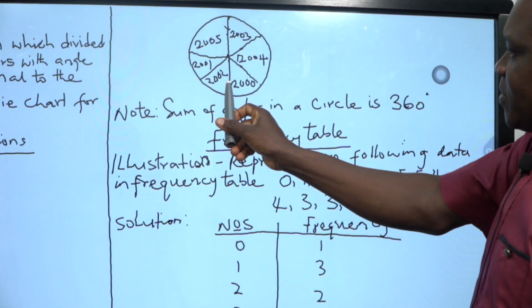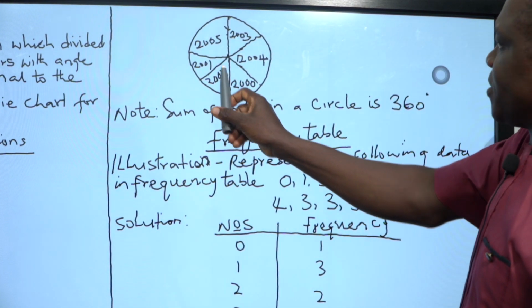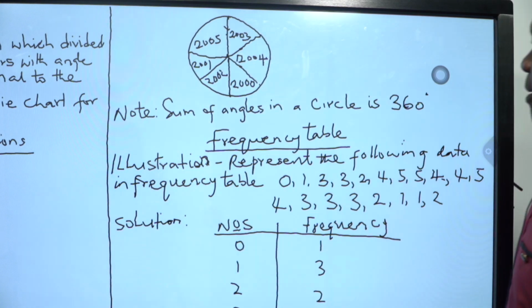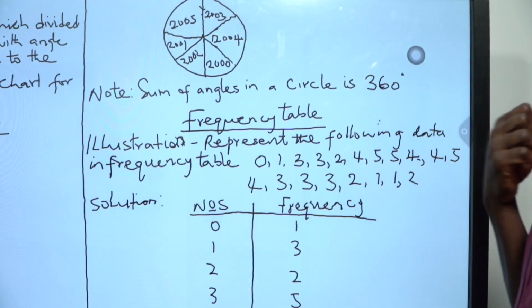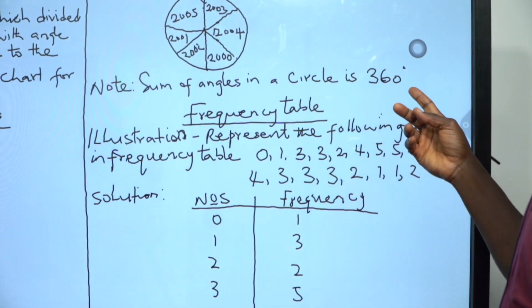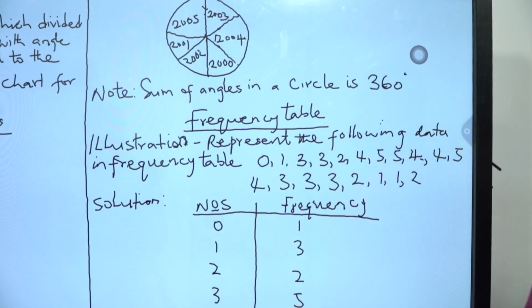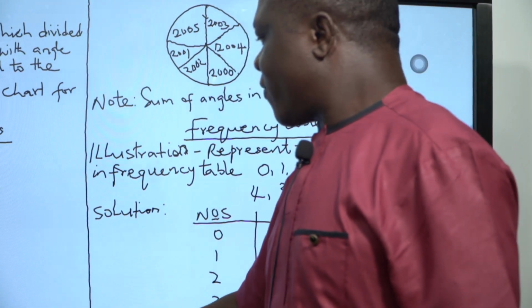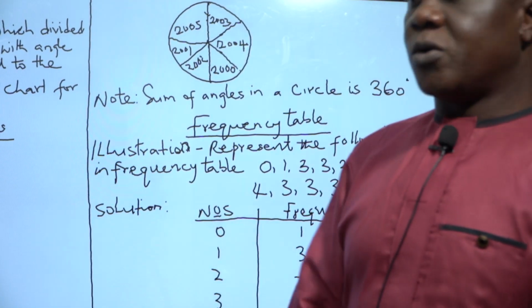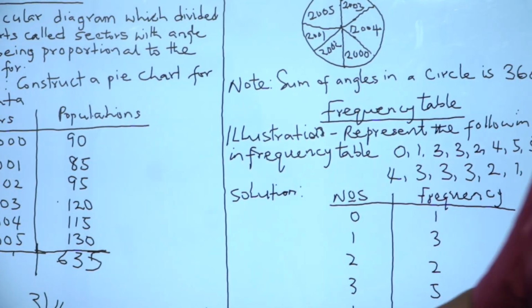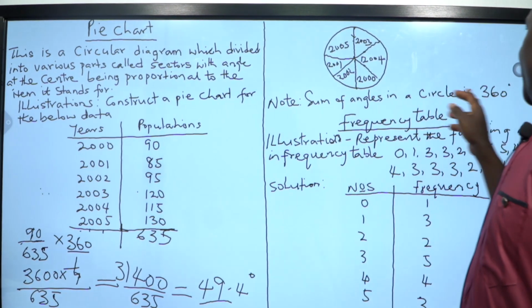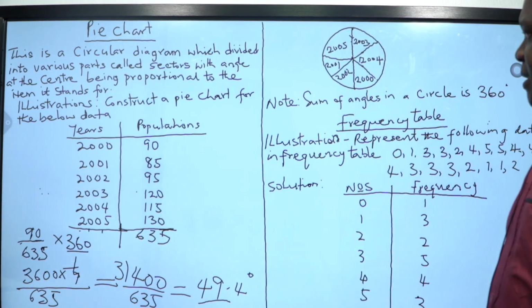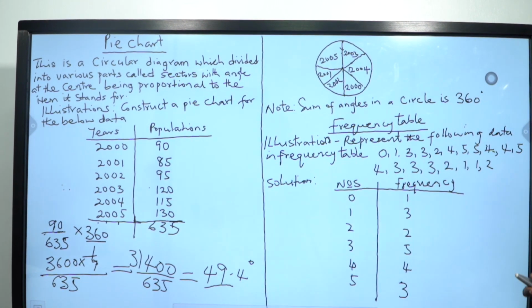Likewise, you can see that 2002 is greater than 2001. Having said that, we now say, note, the sum of angles in a circle is equal to 360, which means that if you go to your note, you will see where I calculated the whole angle. If you sum the angles, you will get 360.